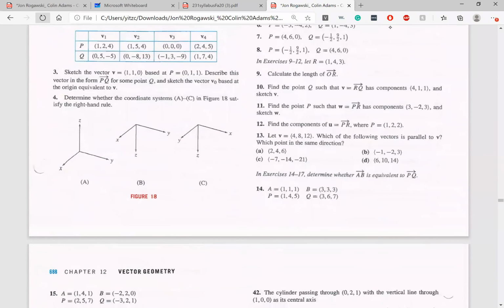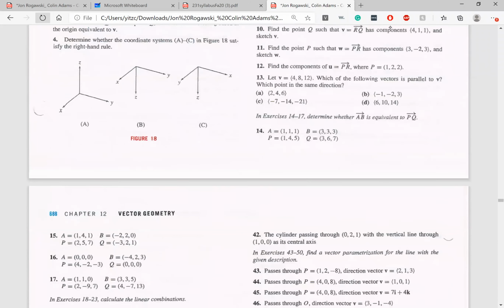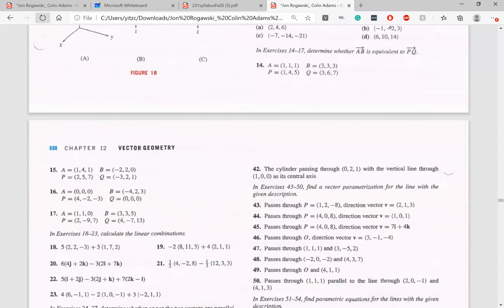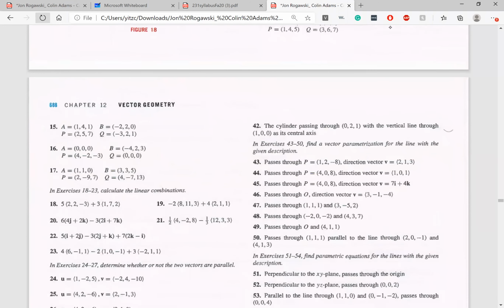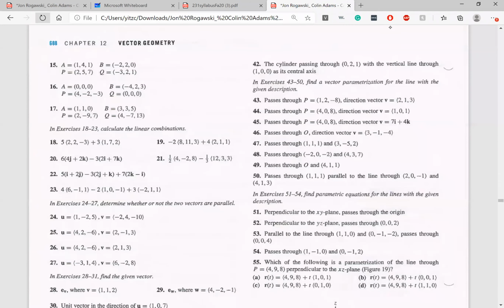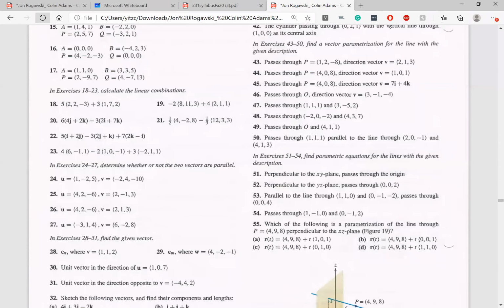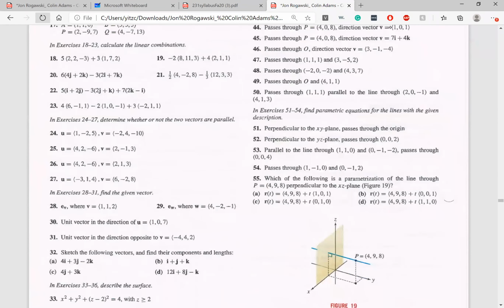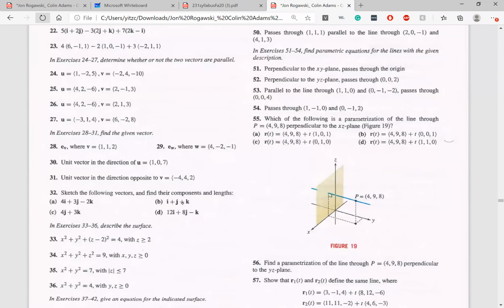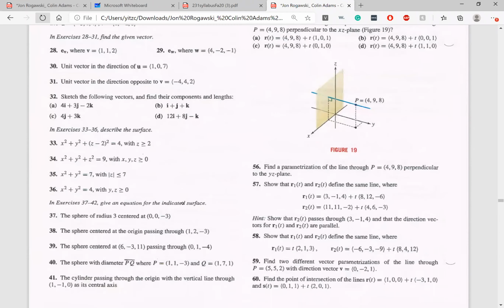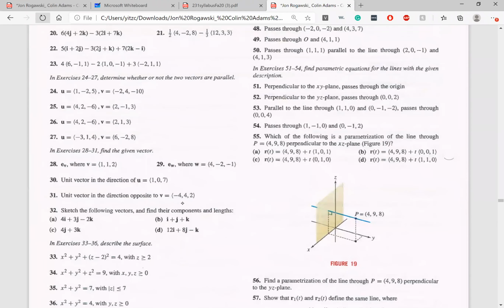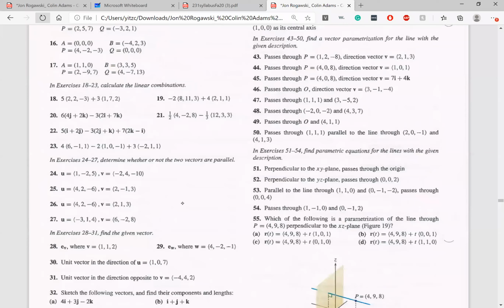You can look over these questions and make sure that you know how to do them, because so far they have been fairly basic. You should definitely know how to at least construct these problems. Like definitely know how to do the unit vector in the direction of u, or the unit vector in the direction opposite. Those types of things should be fairly basic. If you have any questions about that, let me know.